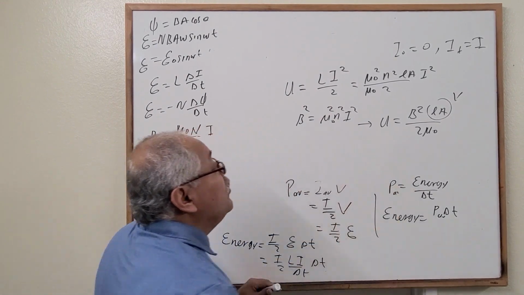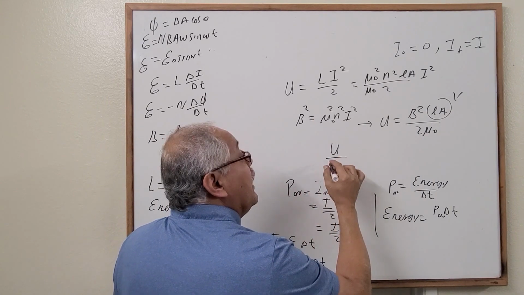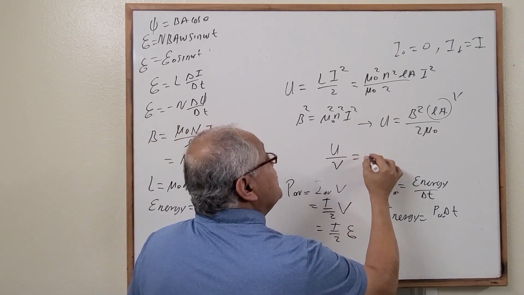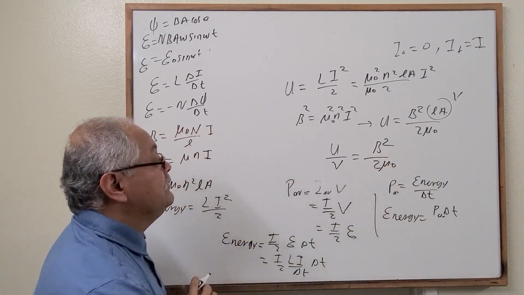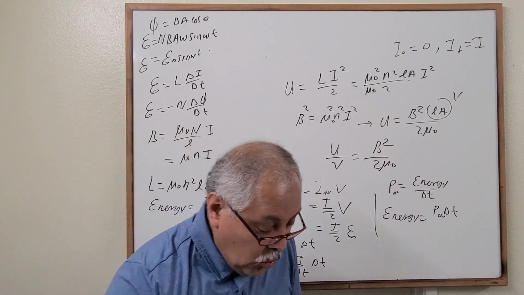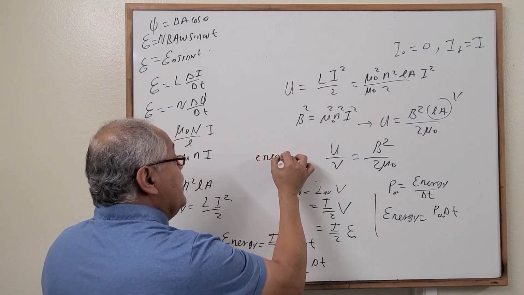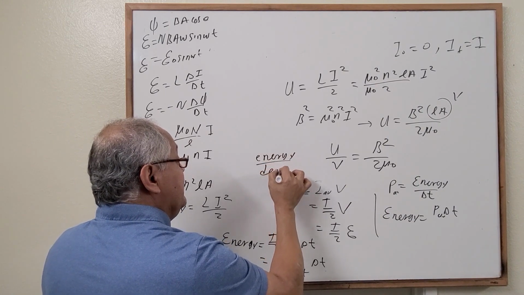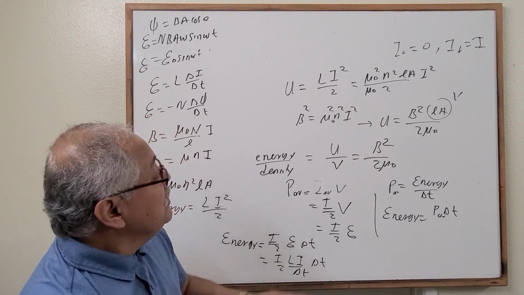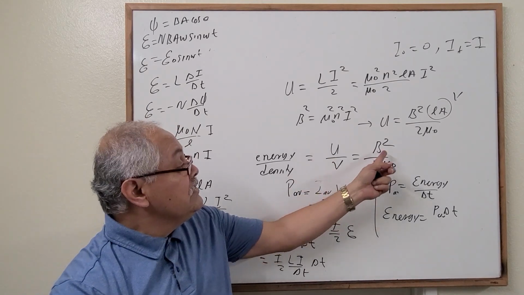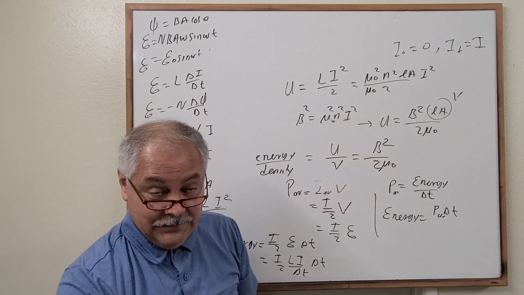This part, we can go to energy per unit volume, which is equal to B squared over 2 mu naught. And this is called the energy density, or energy per unit volume, which is equal to energy divided by volume, which is equal to B squared, the magnetic field squared, divided by 2 mu naught.